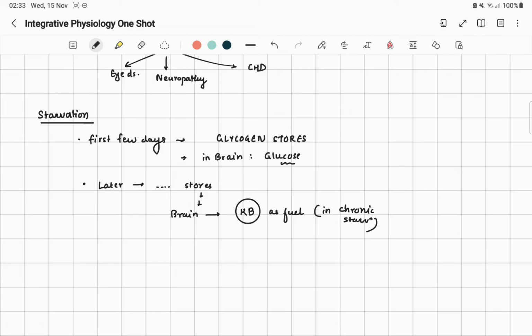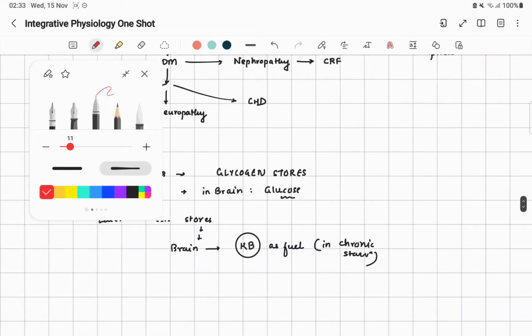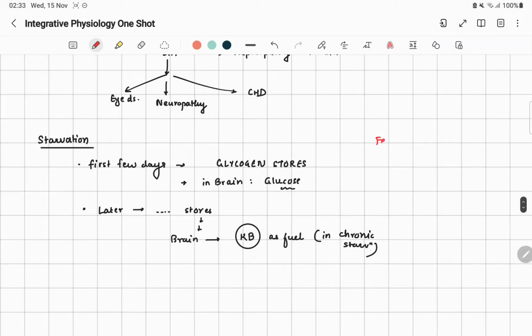Proteins are used as amino acids, and excess protein remains in the amino acid pool. Then we have two types of states: a fed state and a fast state.